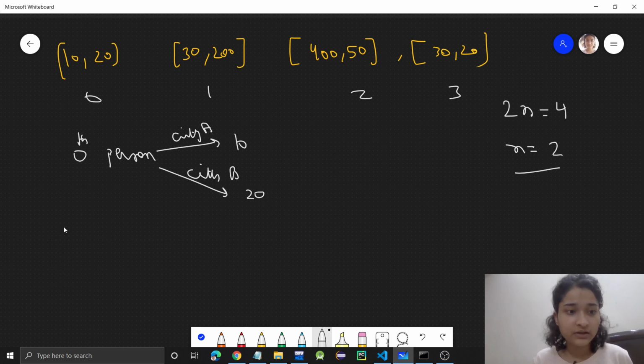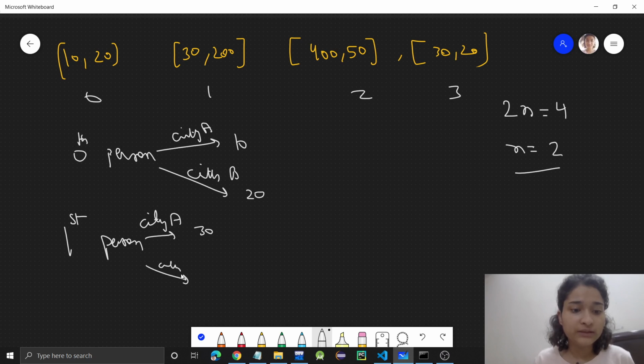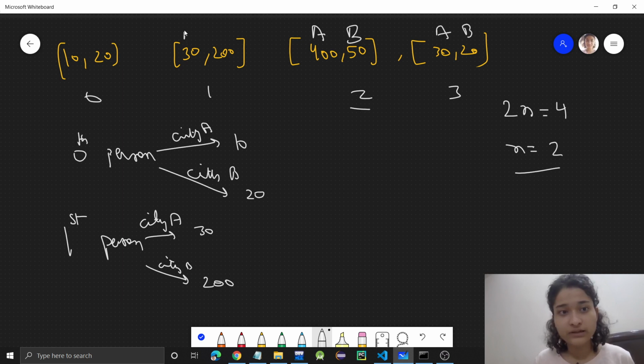Similarly, this is first person. So if this person goes to city A, cost will be 30. If this person goes to city B, cost will be 200. Similarly, this is the second person, cost A, B. This is cost A, B. So similarly, these are the costs.